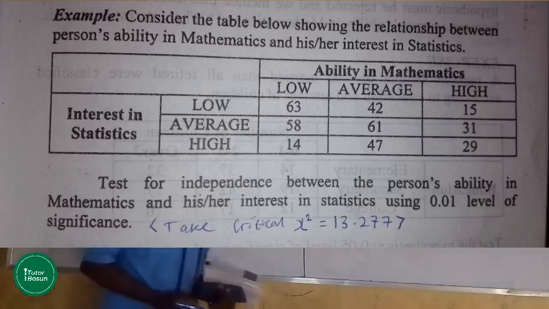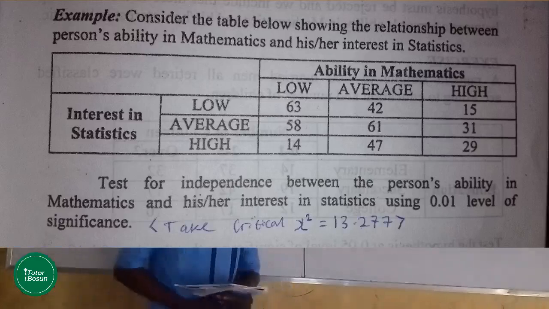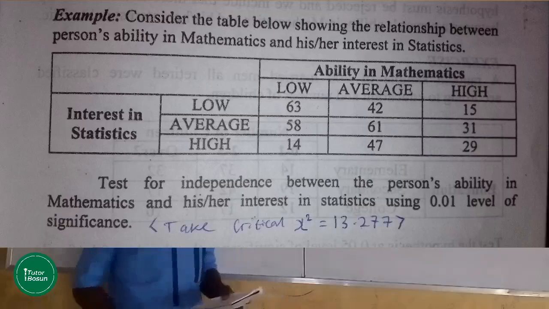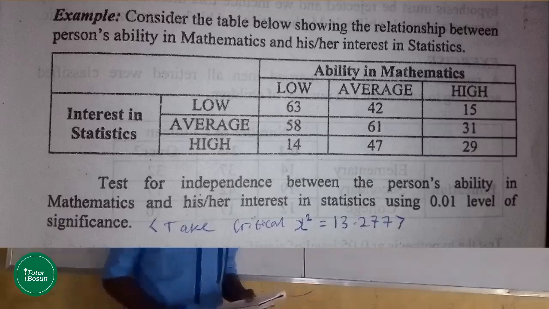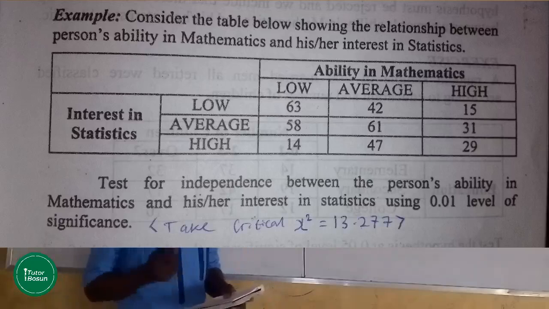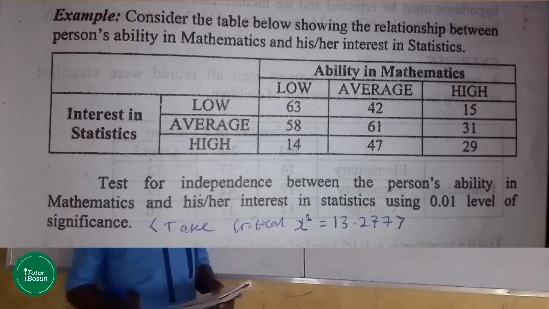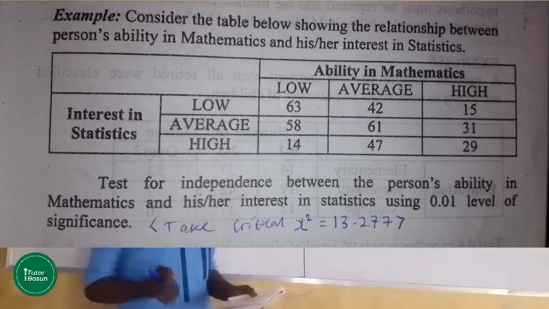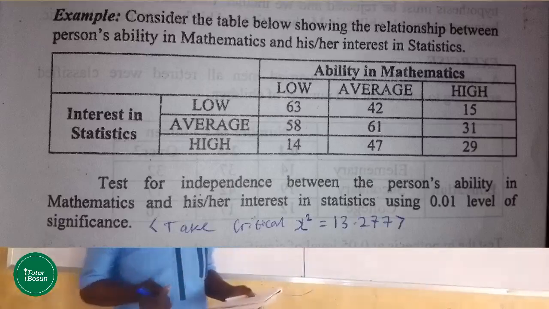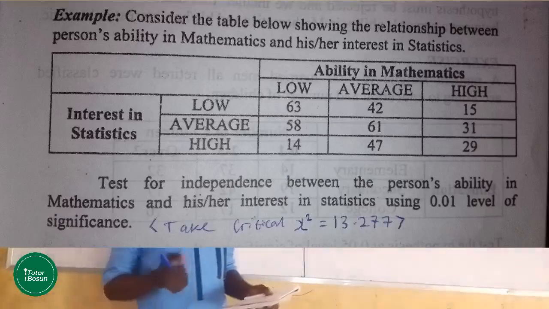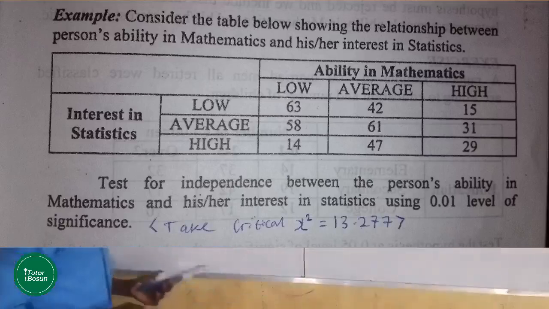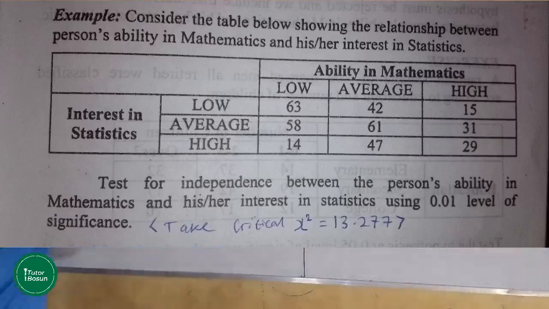This example says, consider the table below showing the relationship between a person's ability in mathematics and his or her interest in statistics. The table is given and it says take critical s squared as 13.277.